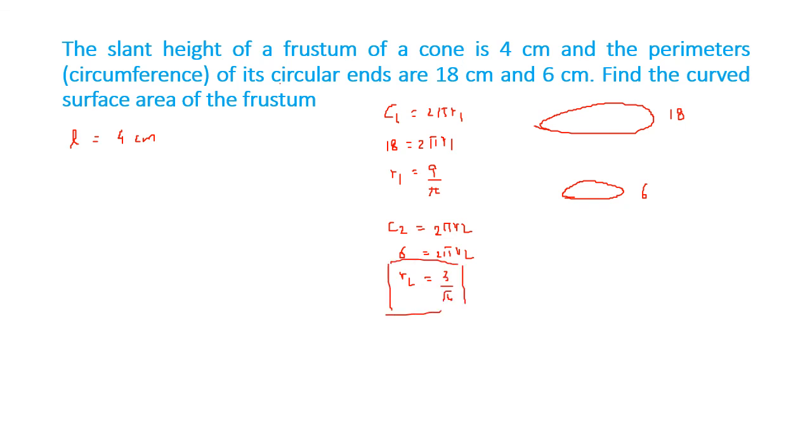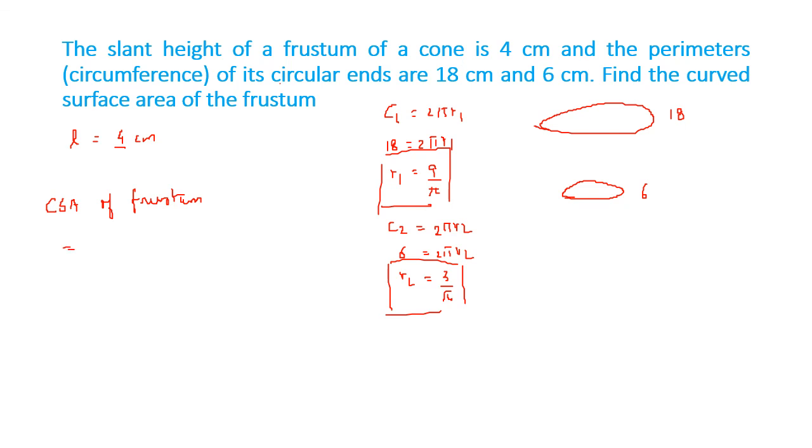See this carefully, what I got: R1 and R2, because we had the circumference and we are given the L. We have to find the CSA of the frustum, curved surface area. What is the formula for the CSA of a frustum?